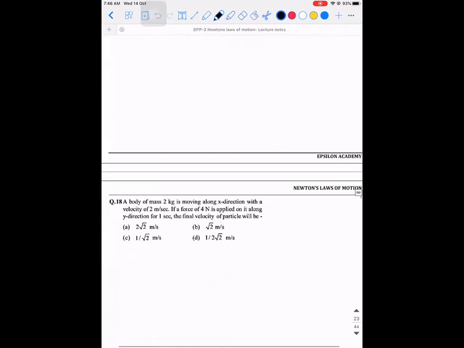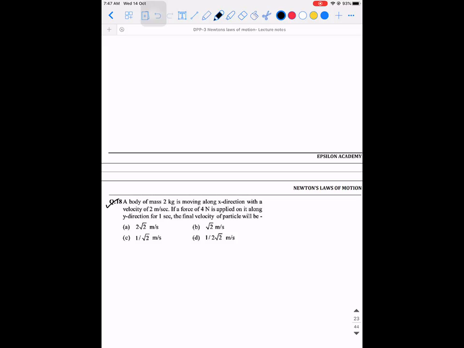Next, there is an object of mass 2 kg that is moving along the x direction with a velocity of 2 meters per second. If a force of 4 Newton is applied on it along y direction for 1 second, the final velocity of the particle will be... I want everybody to use vectors and solve this.